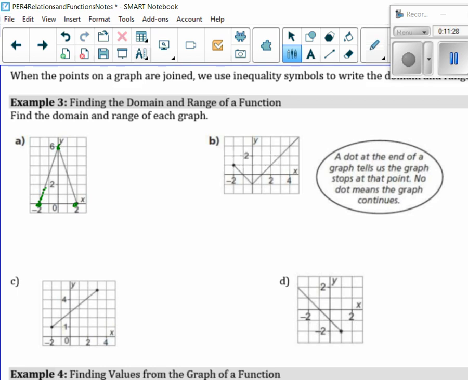And how do we write that using an inequality? So our domain, yeah, so we have to write the in-between one that we were practicing.